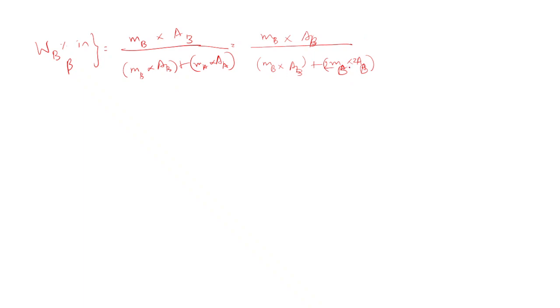Now everything is in terms of AB, and this is 2 into 2, which is 4, and 4 plus 1 is 5. So MB times AB divided by 5 times MB times AB, and these get cancelled. 1 by 5 is 0.20.